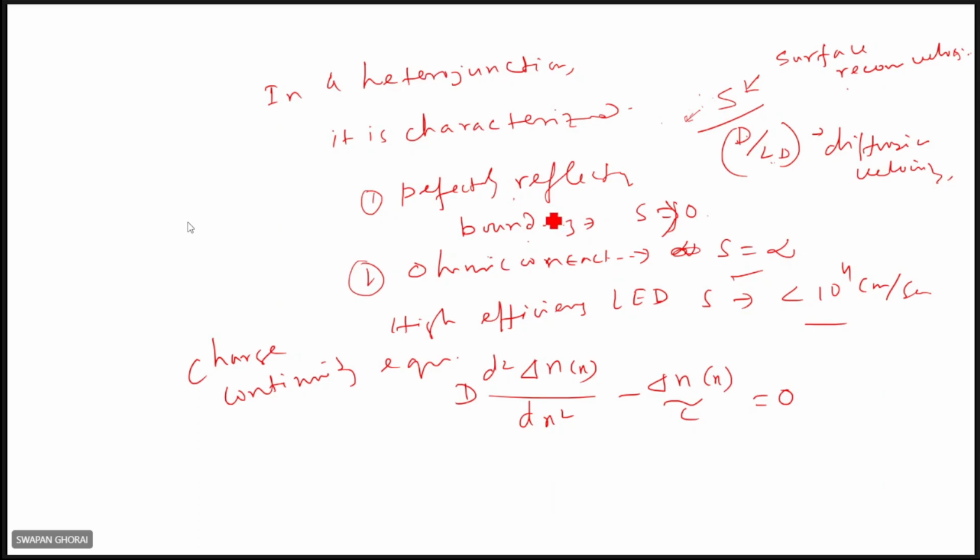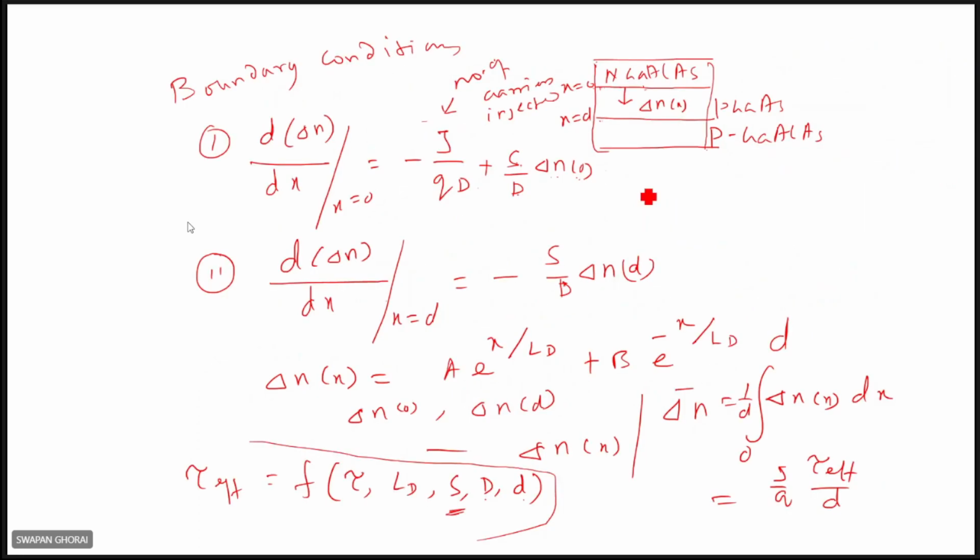But before that, to calculate the power, you have to get the excess carrier concentration at any point within the active region. For example, these are three layers: a higher band gap layer, a lower band gap layer, and again a higher band gap layer, an NPP structure. The middle layer is the active layer, the active region.